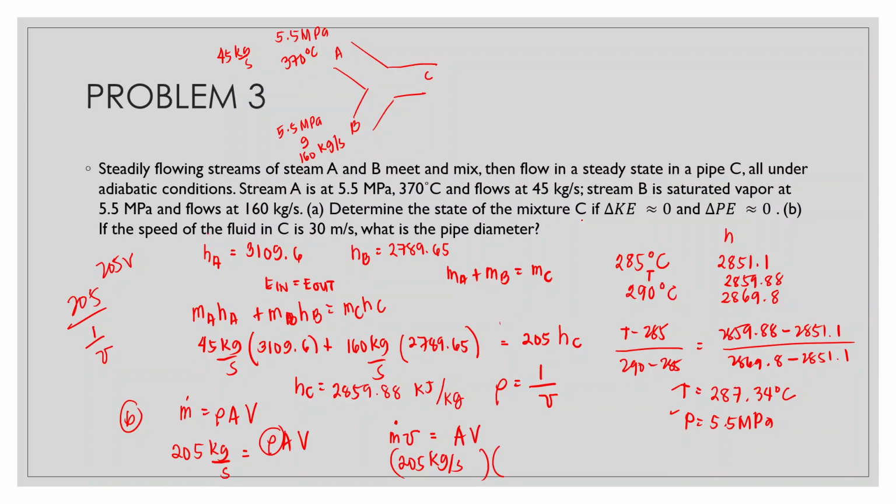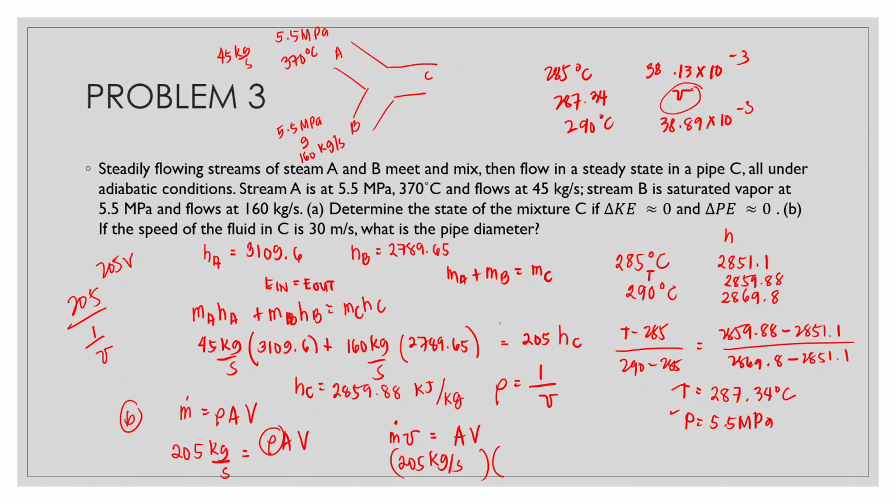pag nag-interpolate tayo ng specific volume sa 285 degrees Celsius tapos 287.34 tapos 290 degrees Celsius, ang specific volume na makukuha natin is 38.13 times 10 raised to negative 3 tapos 38.89 times 10 raised to negative 3.